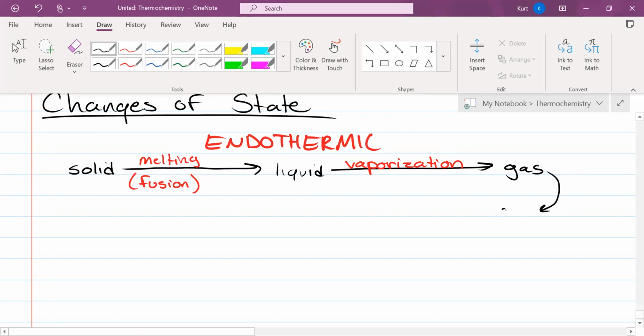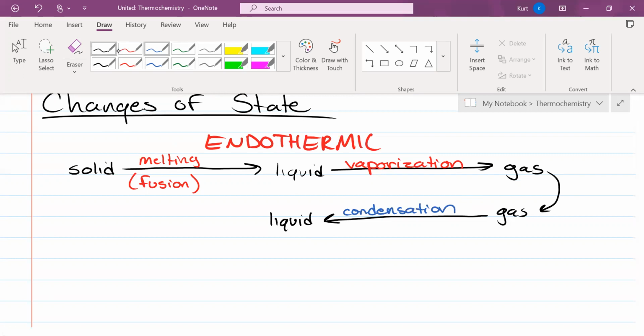Well, let's circle back and go in the reverse direction. What do we call a gas to a liquid? What is this known as? Condensation. What do we call liquid to solid?